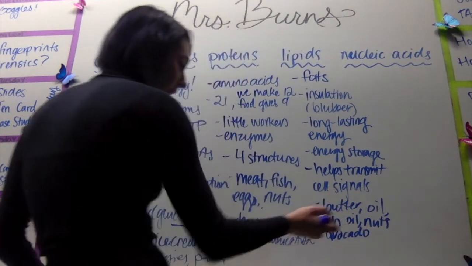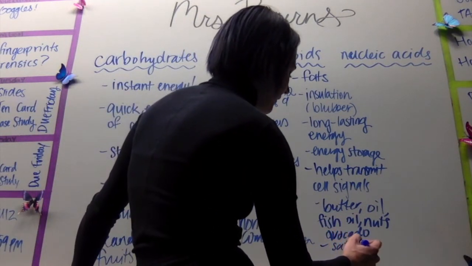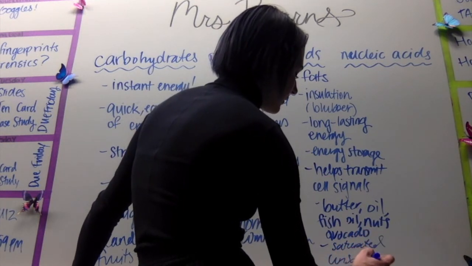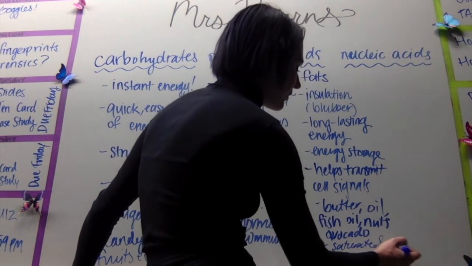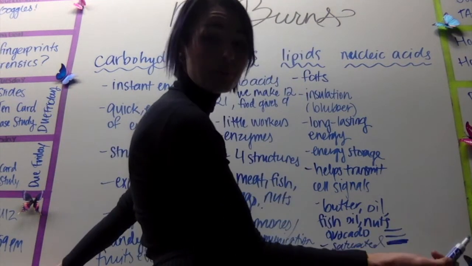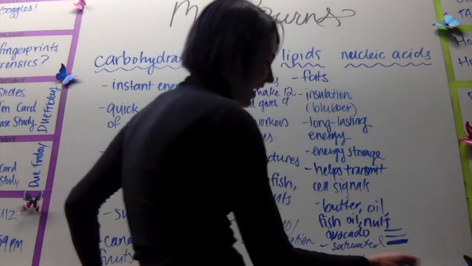Getting into butter and oil, remember there's a difference between saturated and unsaturated fat. Saturated fat is straight, which means that it can pile up on top of each other and block our blood vessels. Meanwhile, unsaturated fat is kinked, which means it can't really block very well.